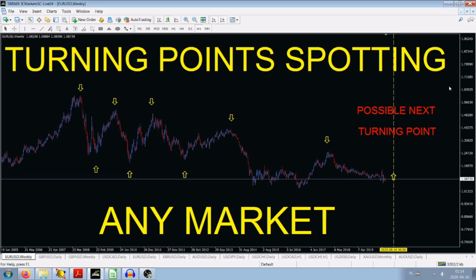Have you ever wondered why the market turns after an odd number of days or sessions, an odd number of candles, such as 19 or 31, 47, 131, with no regularity whatsoever? There is an explanation.